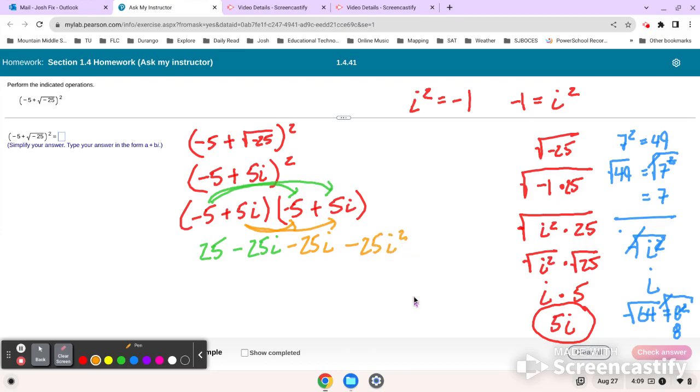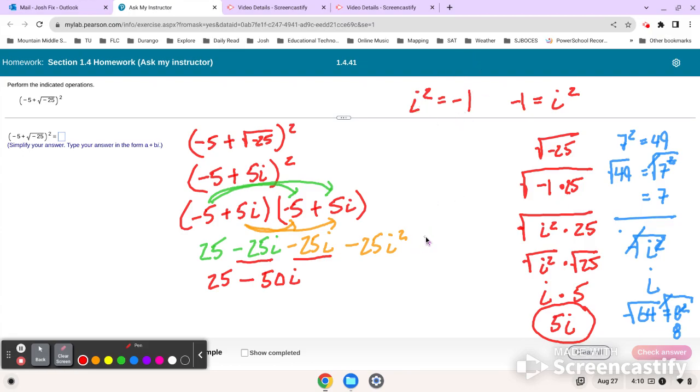And we take the negative times the positive, and we get -25i squared. Hopefully you're starting to see that you have situations like i squareds, where you're going to do things with those. So we clean this up to finish off. The 25 doesn't have anybody to put with it, so we just bring down the 25. The -25i and the -25i are like terms, so we can put them together and get -50i. Then remember that i squared becomes -1.